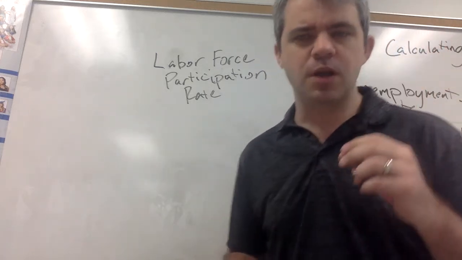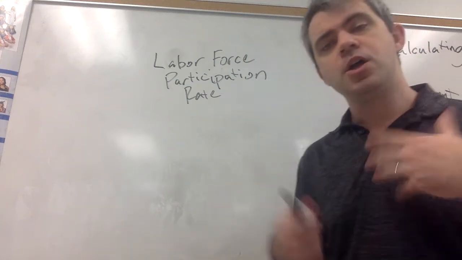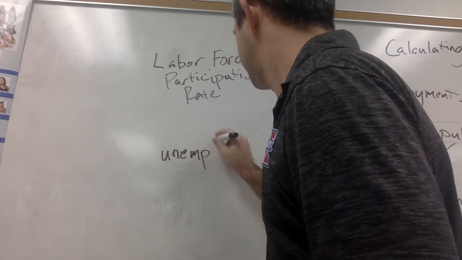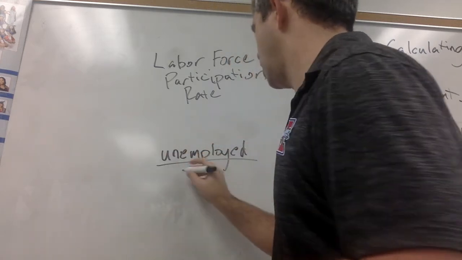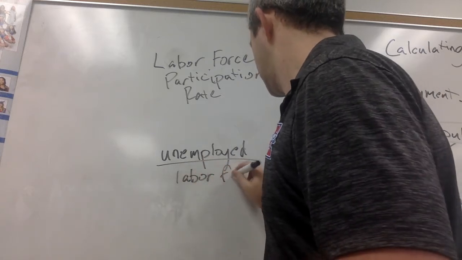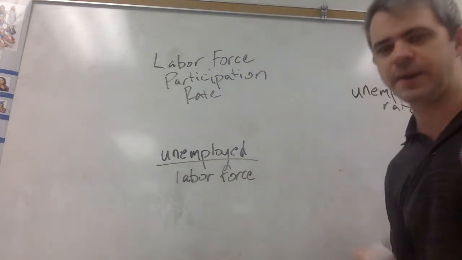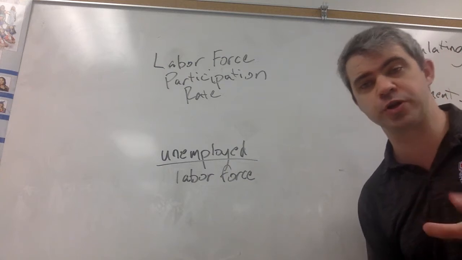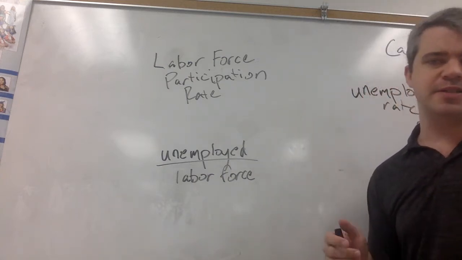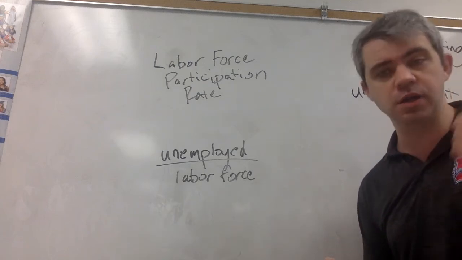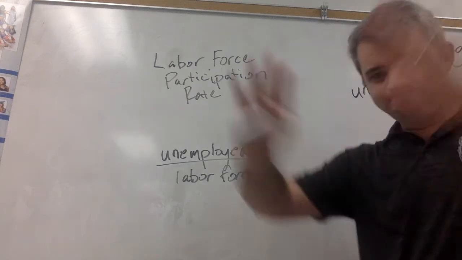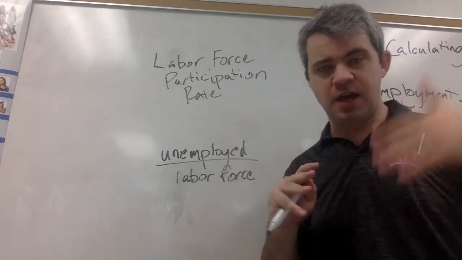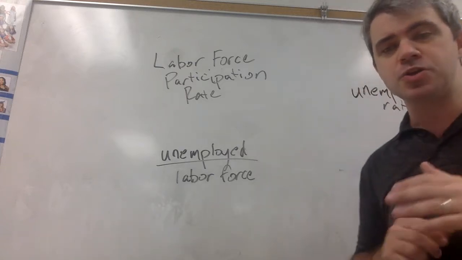But there's a problem called discouraged workers. So let's go back to how we calculated the unemployment rate, unemployed over labor force. Occasionally what happens is we have something called a discouraged worker. That's someone who's been looking for work, looking for work, looking for work, and suddenly they decide, you know what, I'm done. I'm going to go back to school, or I'm going to retire.